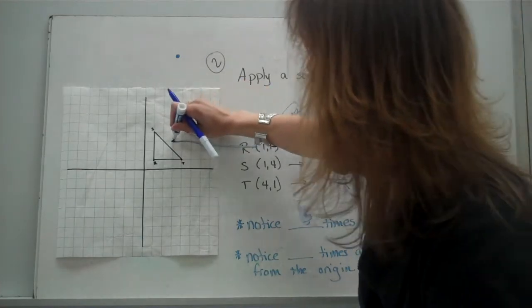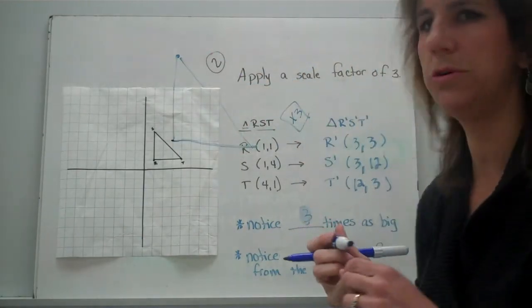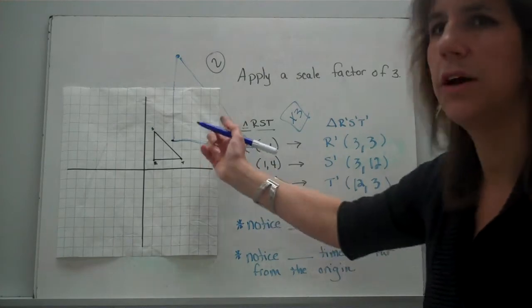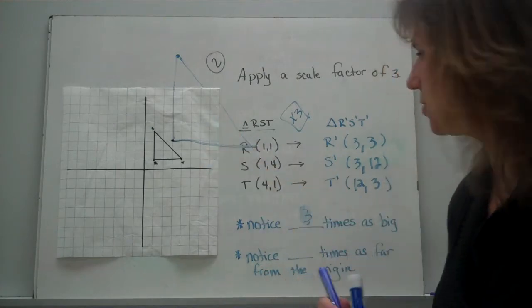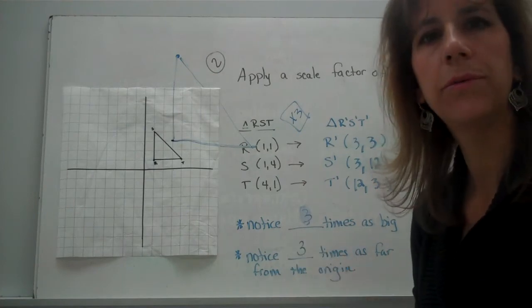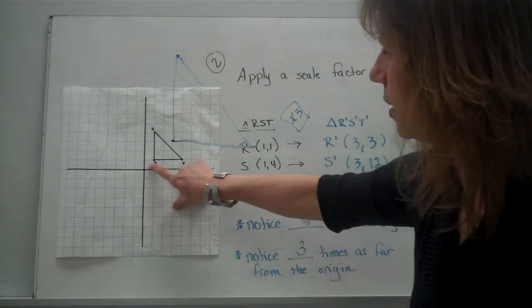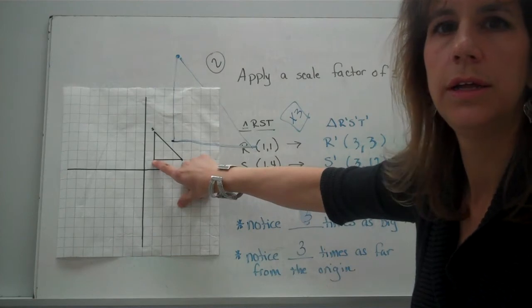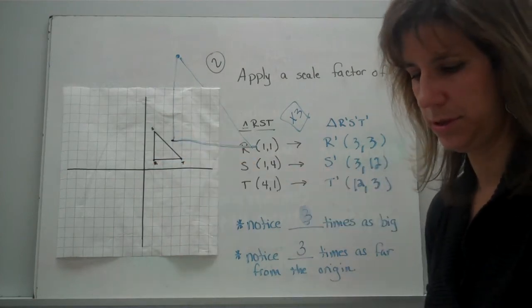We connect these dots, and yours will be much more exact because you have a larger coordinate plane. Do you see how the shape grew? And it also got 3 times as far away from the origin. Here it's one little box away, 3 times as far.